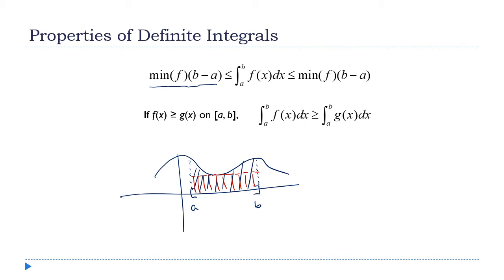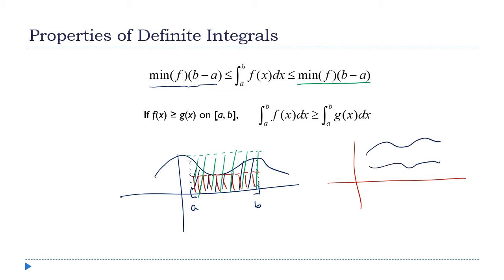And this other side is saying, look, suppose we look at the maximum. That's this point here. Well, the maximum times b minus a is this area. That's going to be bigger than the area under the curve. And finally, this second property here says, look, suppose we have two functions, and one of them is always bigger than the other.